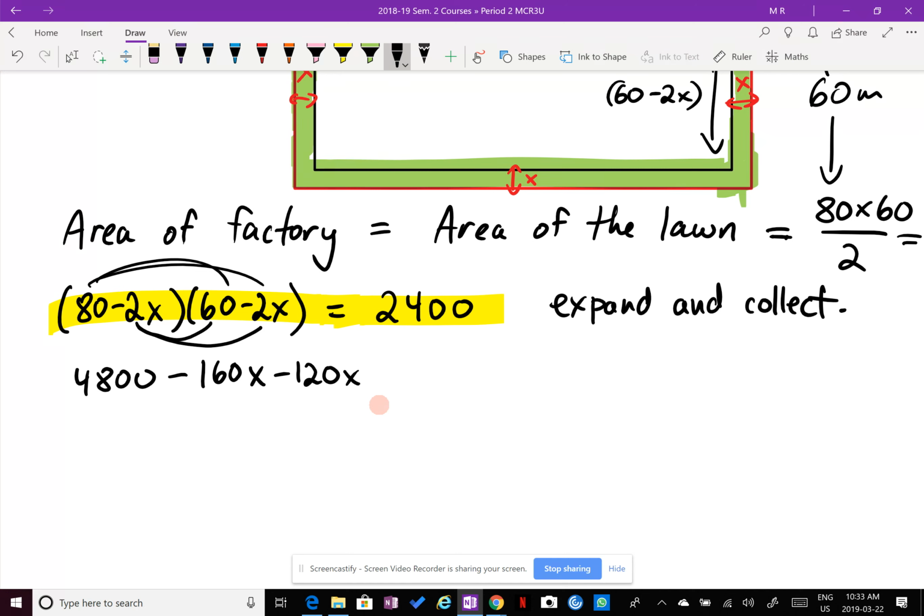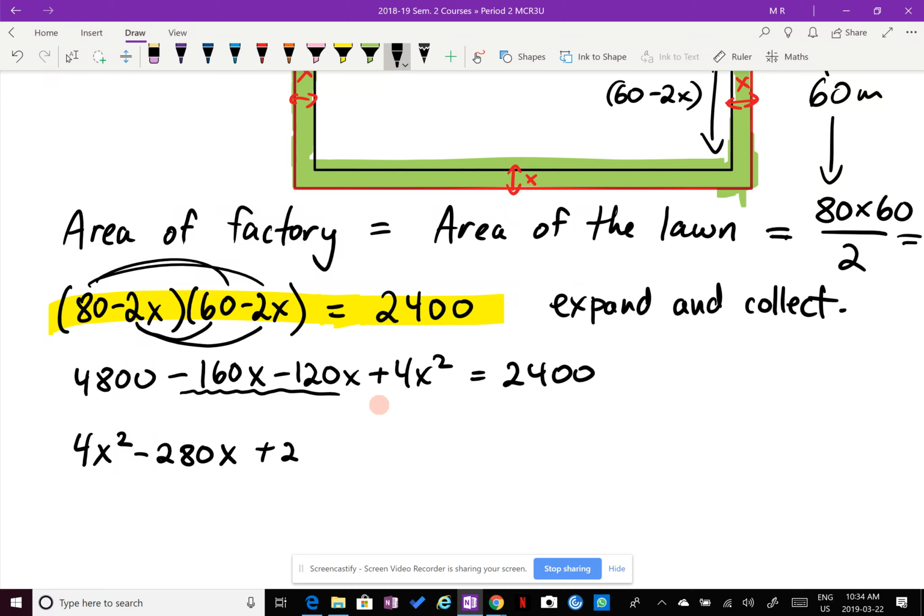Minus 2x times minus 2x is plus 4x squared. That's equal to 2,400. I'll collect like terms and reorder them as well. So I'll put 4x squared in the beginning. Minus 160 minus 120 is minus 280x. And then if I subtract 2,400 from both sides, I'll have plus 2,400 on the left equal to 0.